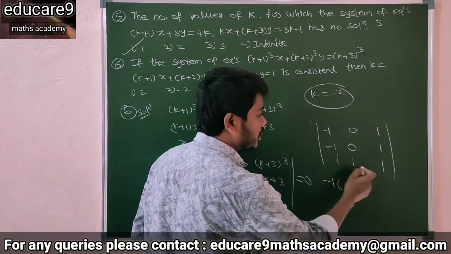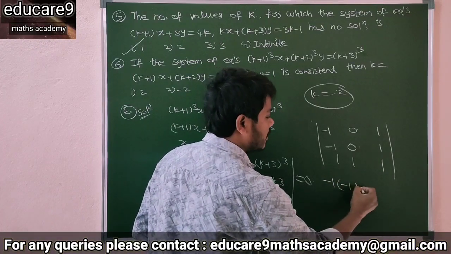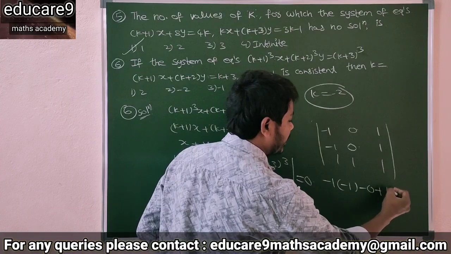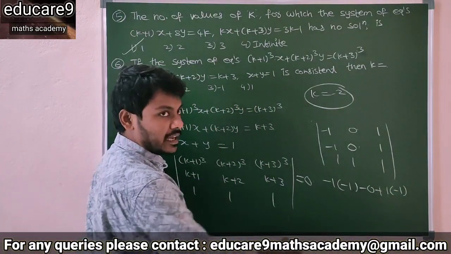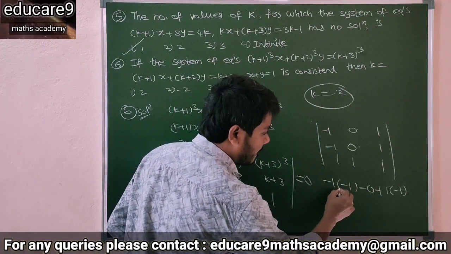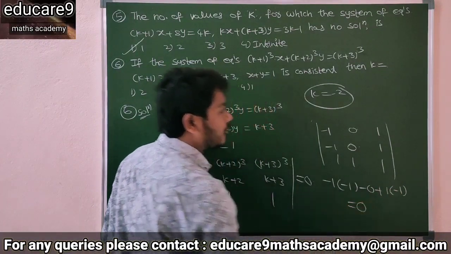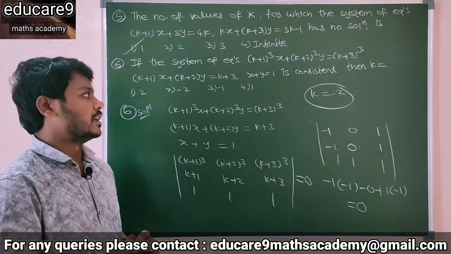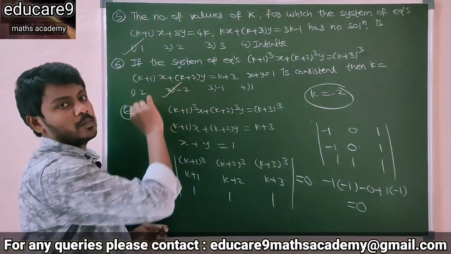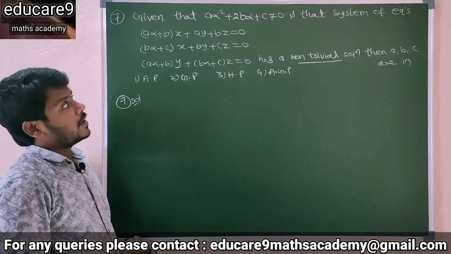Minus 1 into (0 minus 1), minus 1 minus 0, plus 1 into minus 1. So clearly this is what? 1 minus 1, 0. If you put k equal to minus 2, then it becomes 0. So clearly option 2. So see here seventh one.